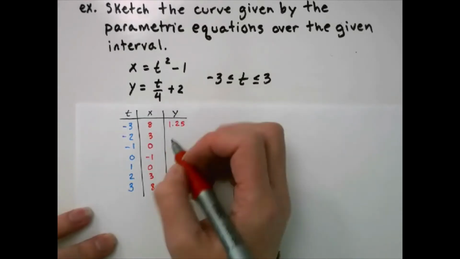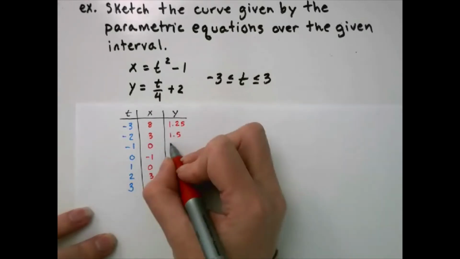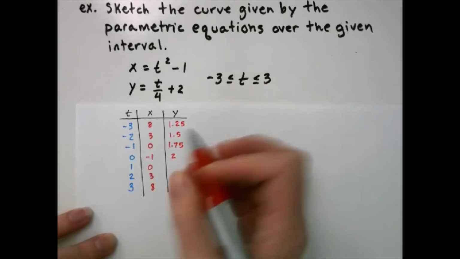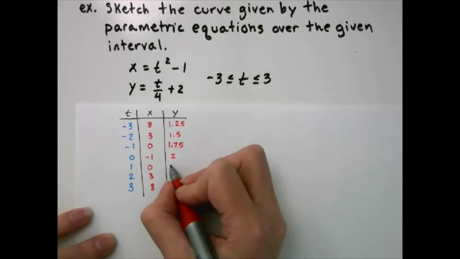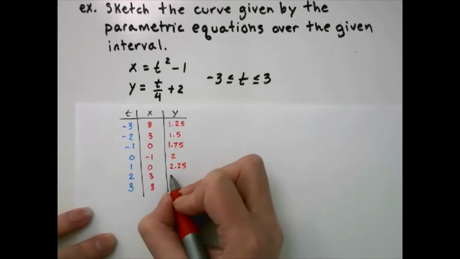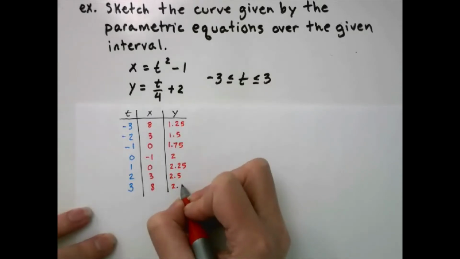Plug in -2, so -1/2 plus 2 is 1.5, then 1.75. Plug in 0 to get 2. Plug in 1 to get 2.25. Plug in 2, we'll get 2.5, and 3 will be 2.75.